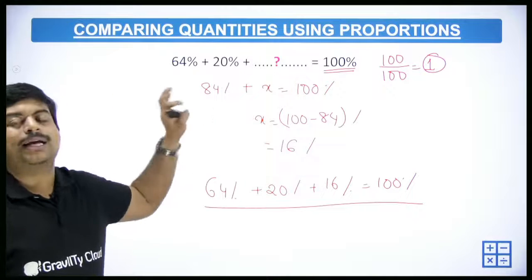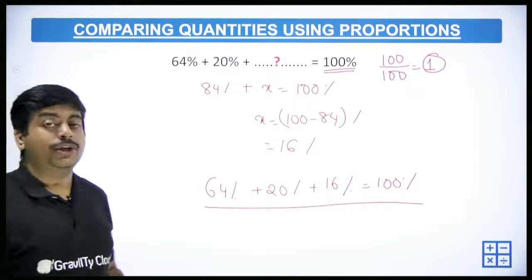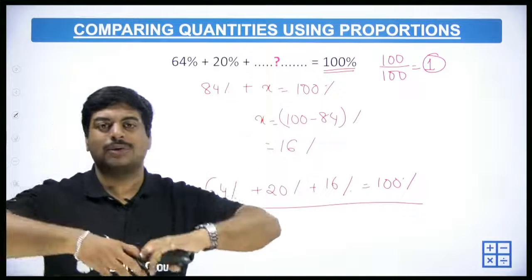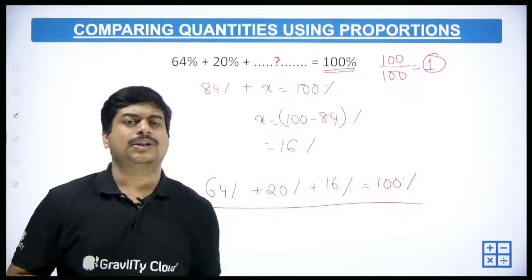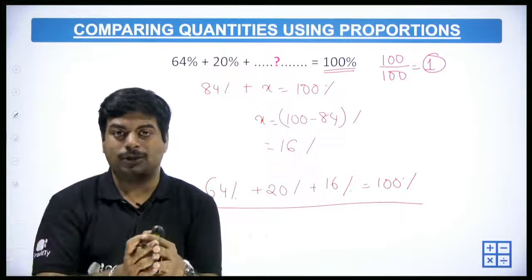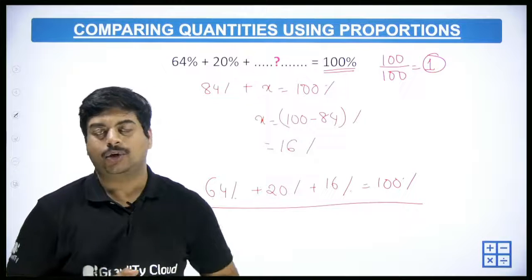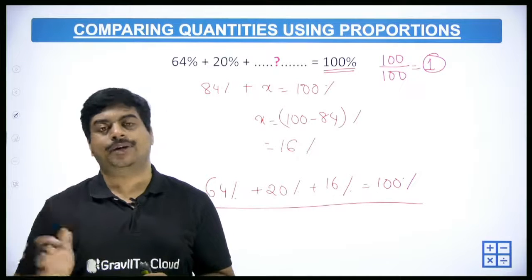So always the sum of the percentages in one situation will be equal to 100. You cannot combine multiple situations and say, sir, it is crossing 100. In one case, let's say you got 90%, in another case some other person got 90%, and you cannot club these to say you got 180% in total. No, in percentage we only talk about per 100, so it cannot cross 100.